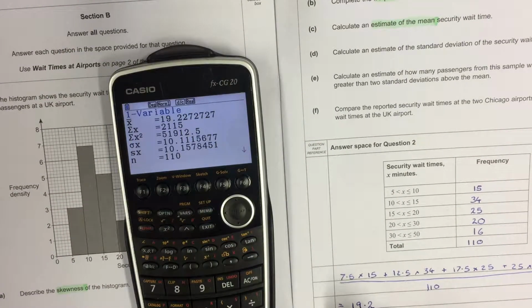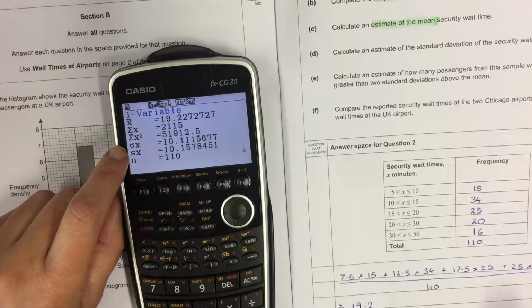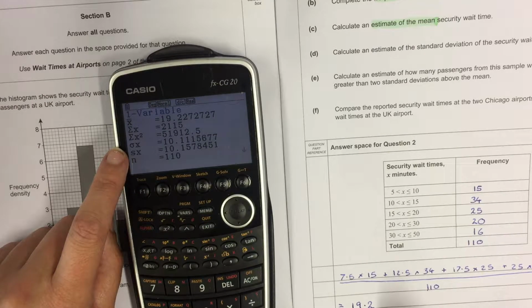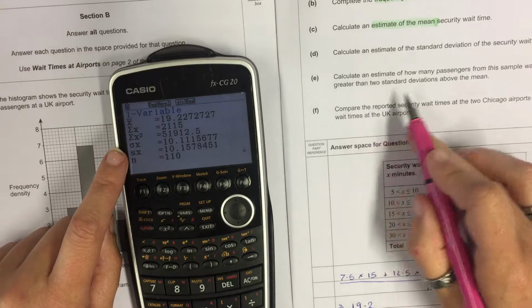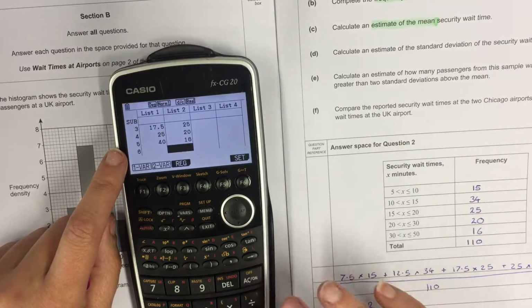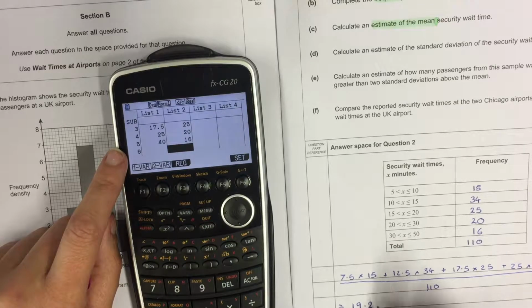For part D, you want the standard deviation, so that's sigma, so that is 10.1 is your standard deviation. E, we want how many people waited for a time greater than 2 standard deviations above the mean. So we know our standard deviation, we know our mean.